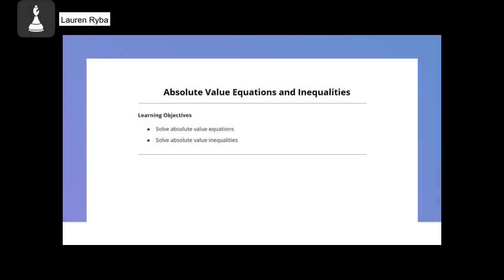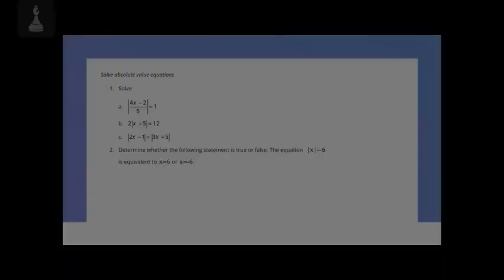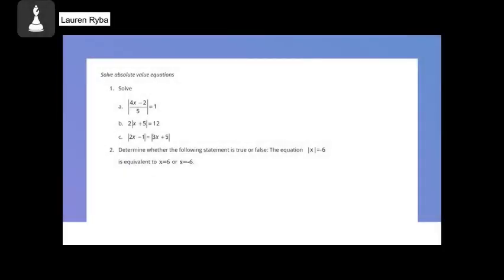The last part of this section is going to talk about absolute value equations as well as absolute value inequalities. When we solve absolute value equations, we will have two answers. Here's why. If I take the absolute value of 5, I get 5.